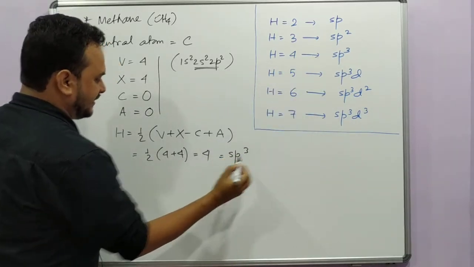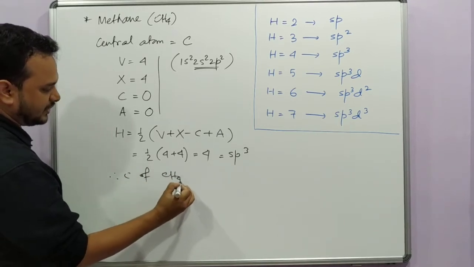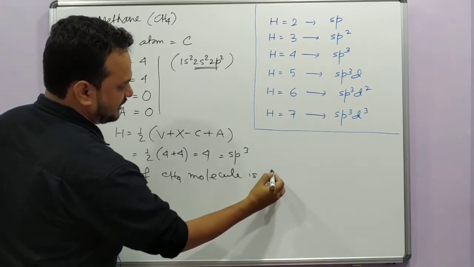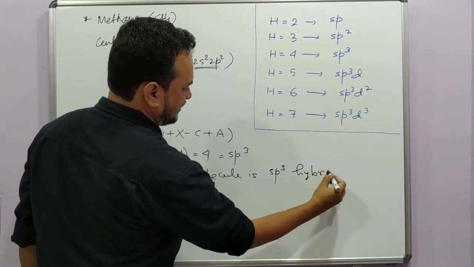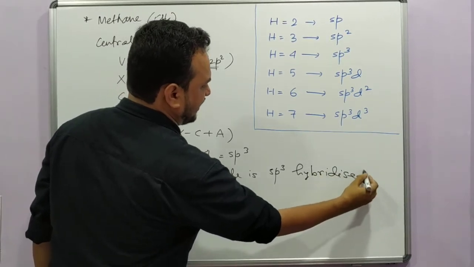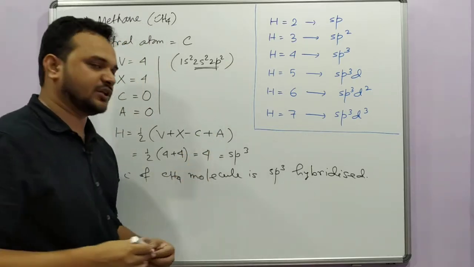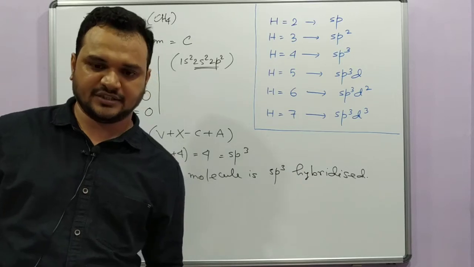So we can say carbon of methane molecule is sp3 hybridized. And then once the hybridization is obtained, we can say it will be tetrahedral, because we know the corresponding geometries associated with each different hybridization.